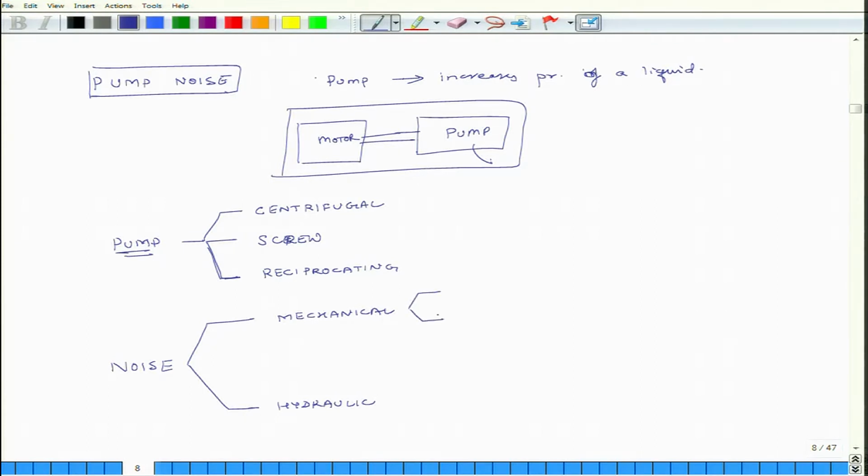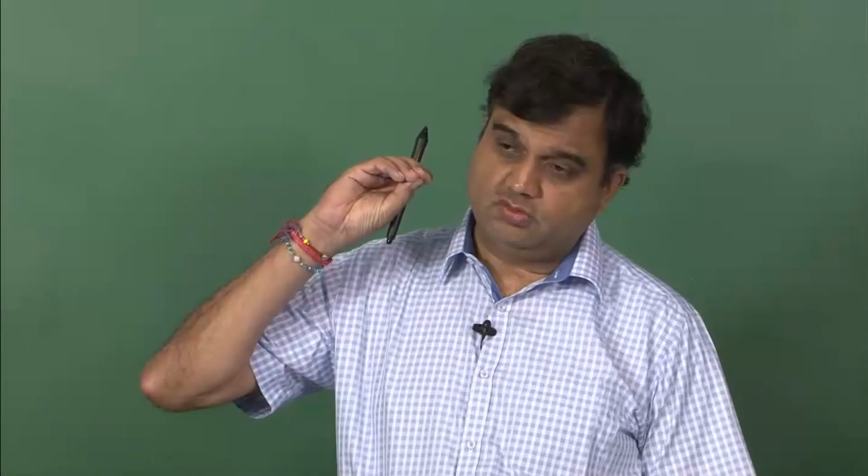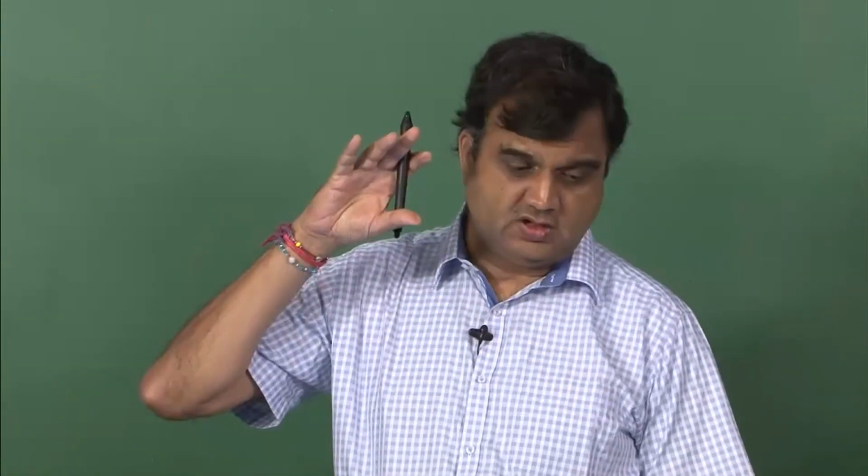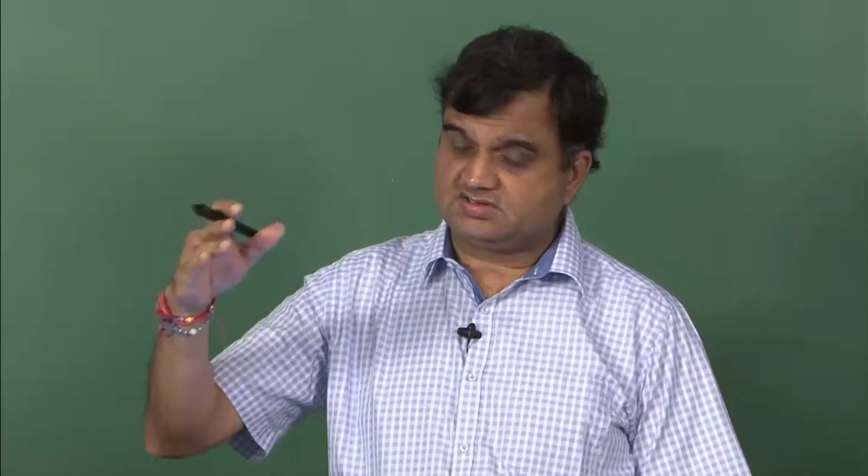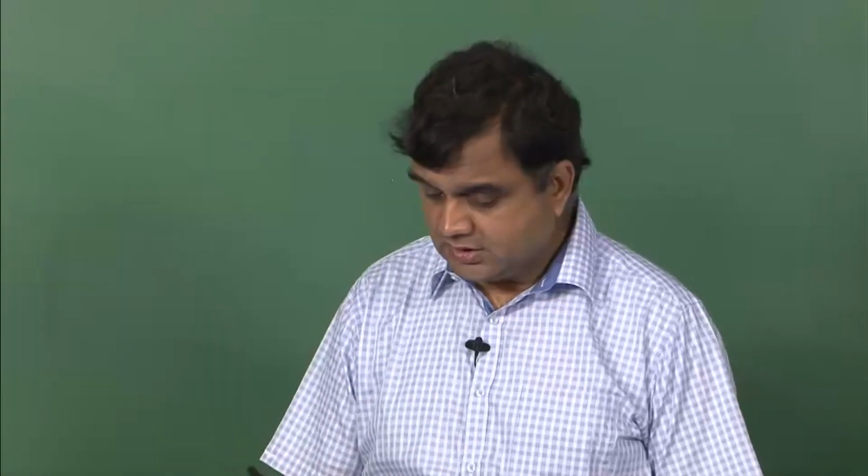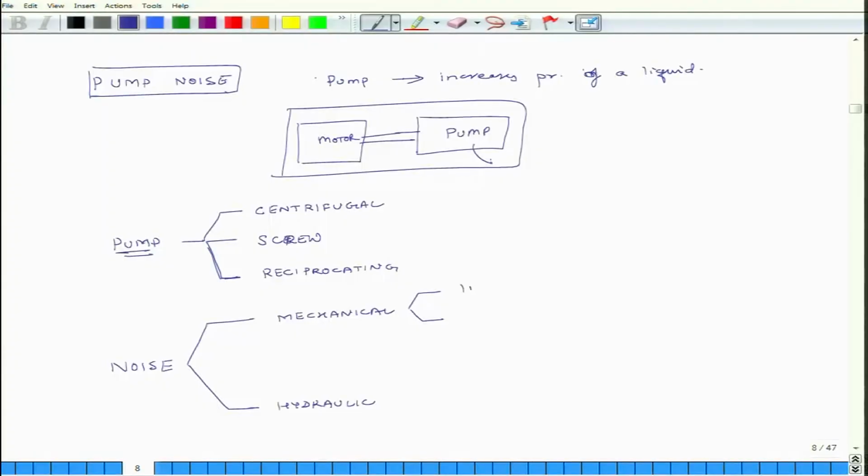A couple of example types would be that as water is pushed, it goes and strikes some non-moving metallic surfaces, and that generates vibrations in the metallic surfaces, and that creates noise. So, impact on solid surfaces. Okay. So, that is one.